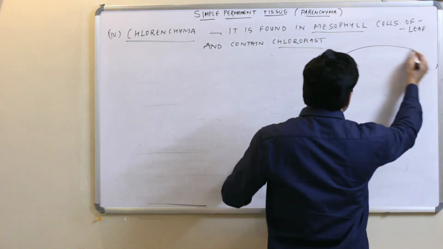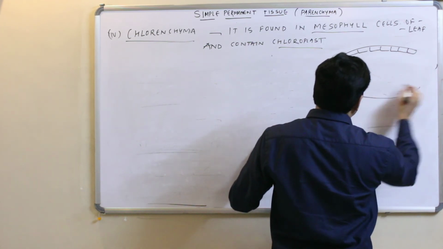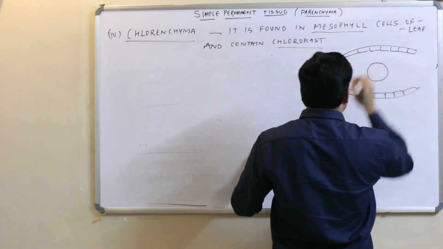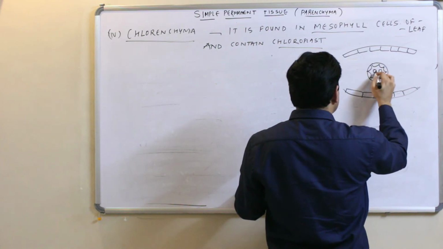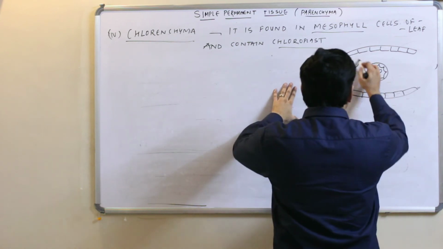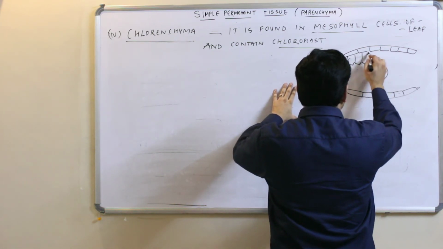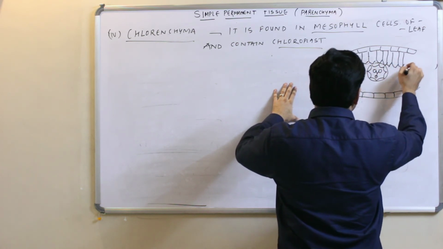Say for this is the upper epidermis of the leaf. I am making a leaf section here, and this is the lower epidermis. And say if this is the vascular bundle. Alright. So here in the leaves, mesophyll cells are found.